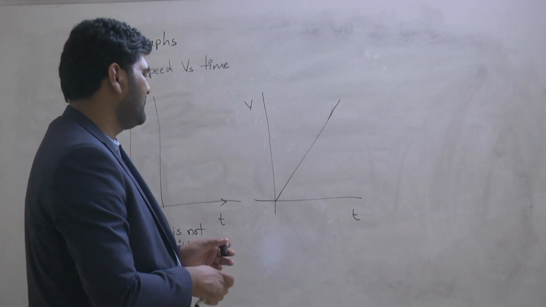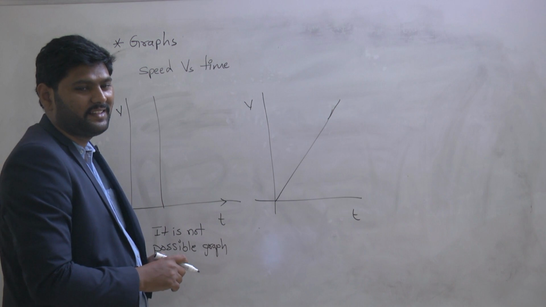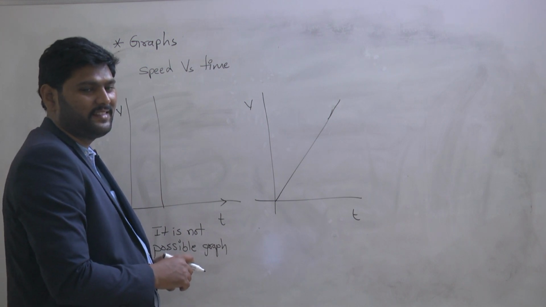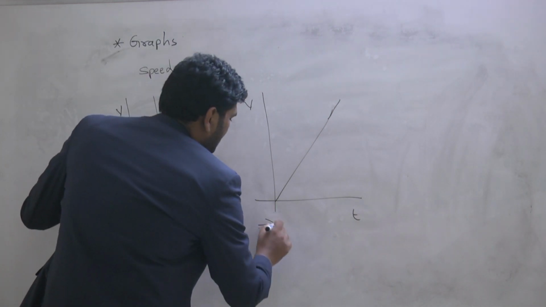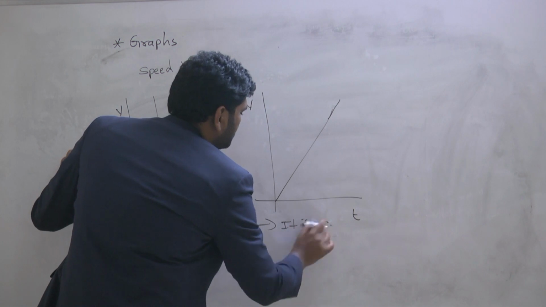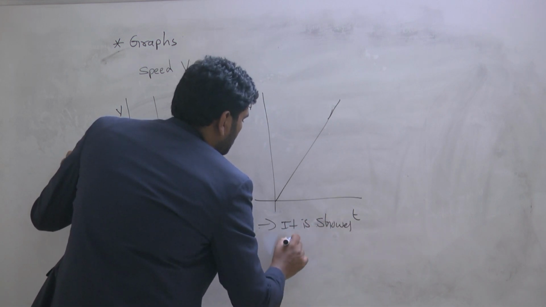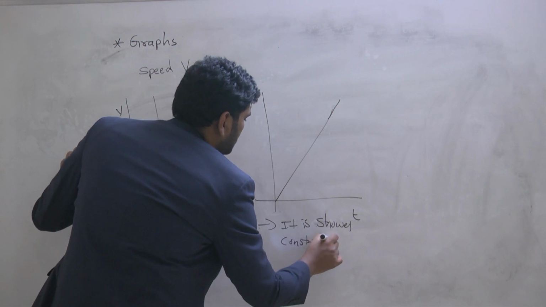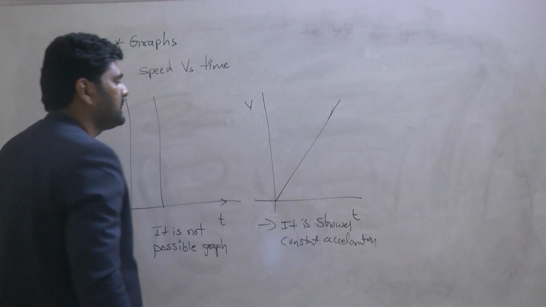Very good, you are right. How can you say? Because we can have the slope. See here, it shows constant acceleration.